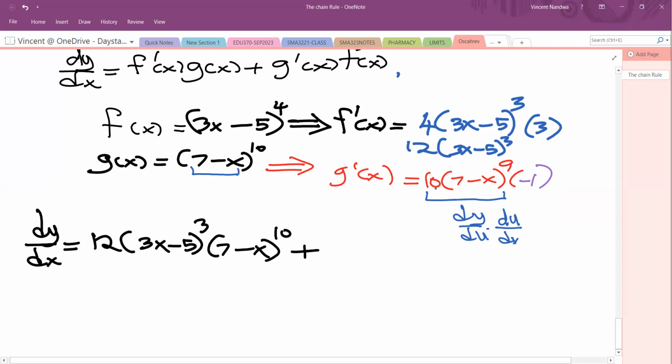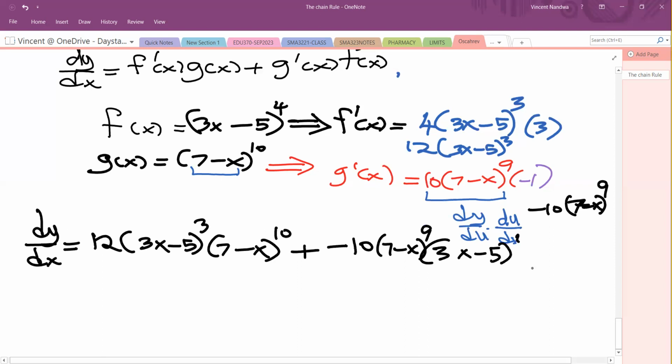Now, I hope you can see that this will be minus 10 times this bracket power 9. For the g prime of x, 10 times -1 is just -10. So I can write this one as -10 into 7 minus x power 9. Then times the f of x net part here, 3x minus 5 power 4.